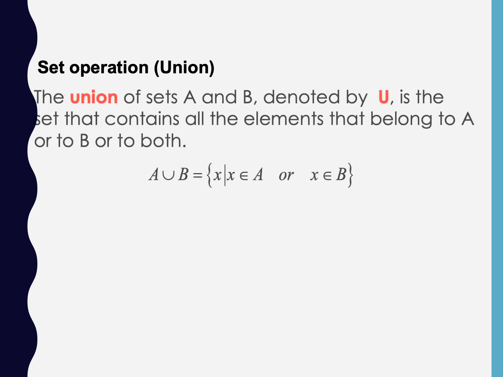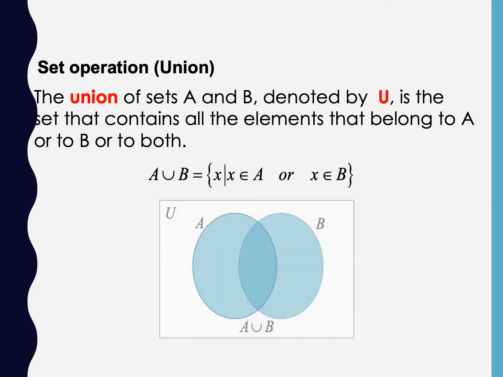The first operation for sets is the union of sets. Consider sets A and B, where the union of sets A and B, denoted by the symbol ∪, is the set that contains all the elements that belong to A or to B or to both. You can write the union of sets using this notation, or by a Venn diagram, the union of sets A and B looks like this.